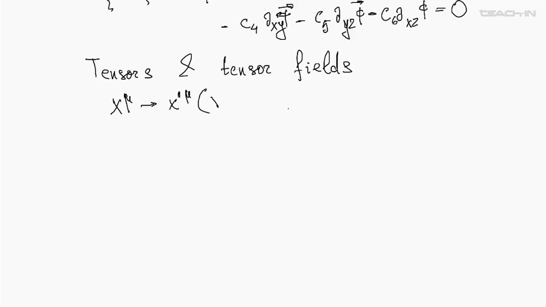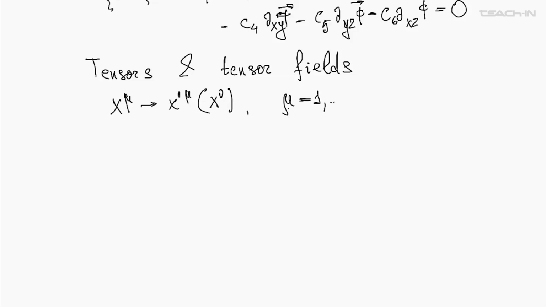Such transformations we assume to be invertible, and they belong to the class which we characterize as general coordinate transformations. We will assume that we are working in d dimensions, so the index mu, nu of our coordinates runs from 1 up to d.